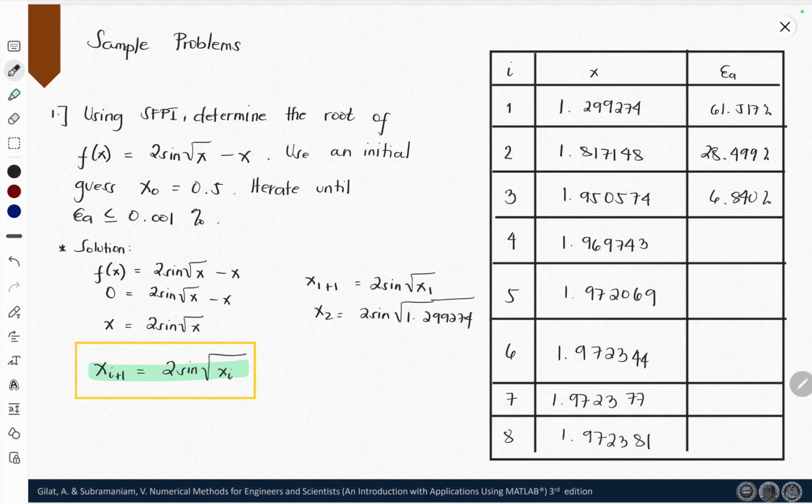Next, 1.969743 minus 1.950574 over 1.969743 times 100, so 0.973%.